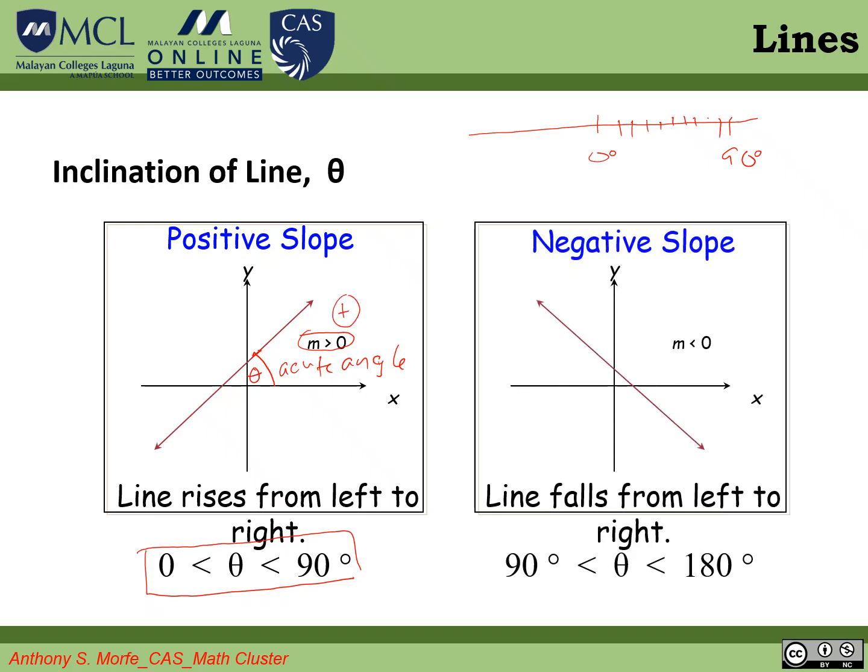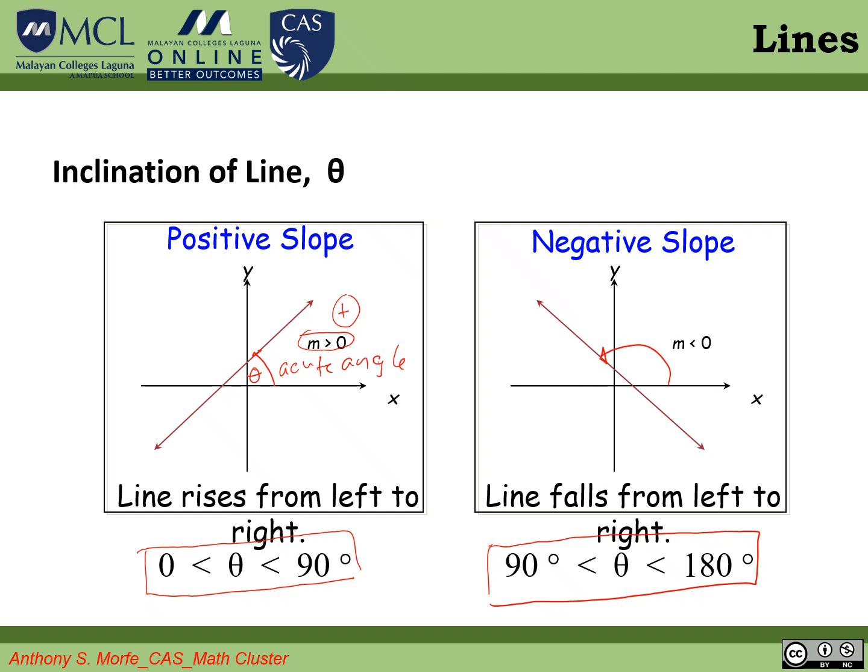And the next graph, as you can see here, has a negative slope, because when you read the line from left to right, the line is decreasing. So for the domain of the angle in this particular illustration, our angle is measured from the positive x-axis towards the line.